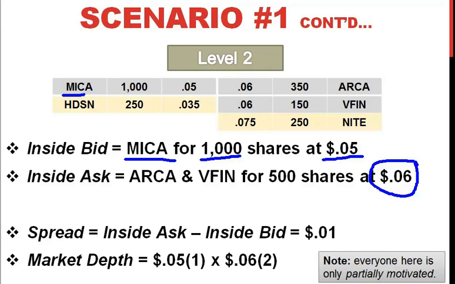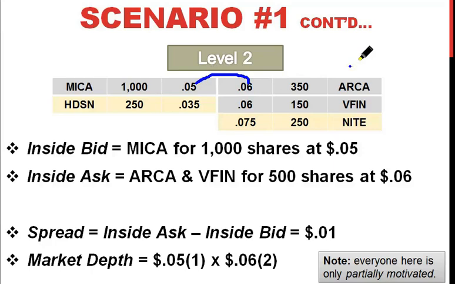Now the spread, maybe you've seen this before, people saying, oh, wow, that's a good looking spread, or, the spread on that thing is ugly. The spread is just a very basic mathematical equation. It is the inside ask minus the inside bid. So in our case, 6 minus 5 is 0.01. Hopefully you're following me there.